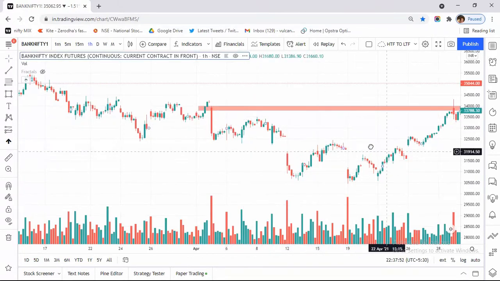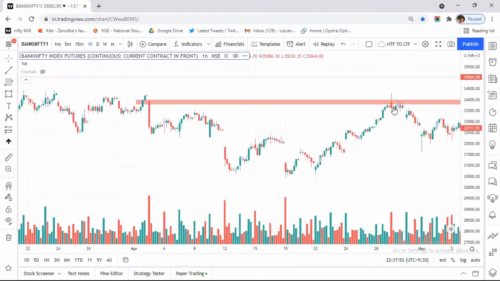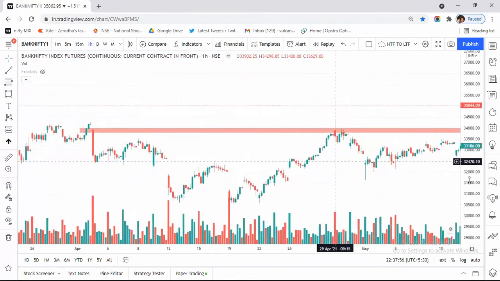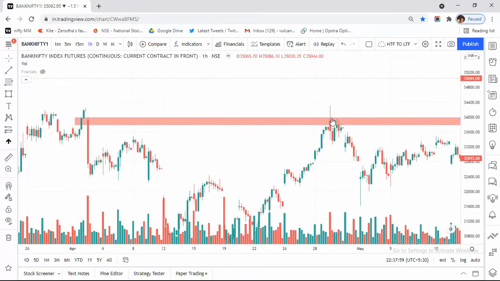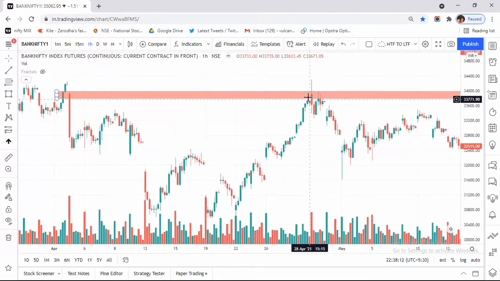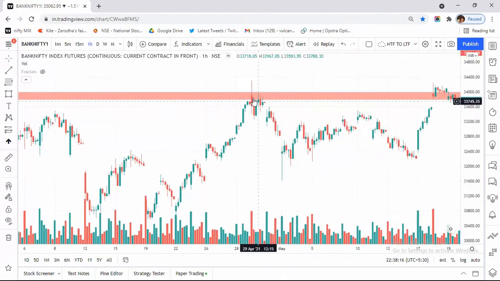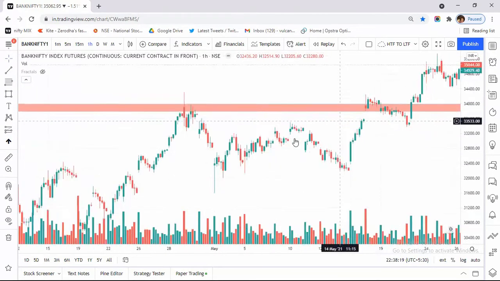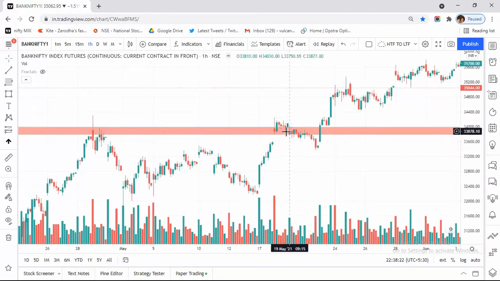Now see, when price comes here again, can you see the rejection from the demand zone? This is the way you can build a simple confluence in your system: price is on my demand zone, so I will sell here. Again, price on my demand zone, so I can sell for a little profit.